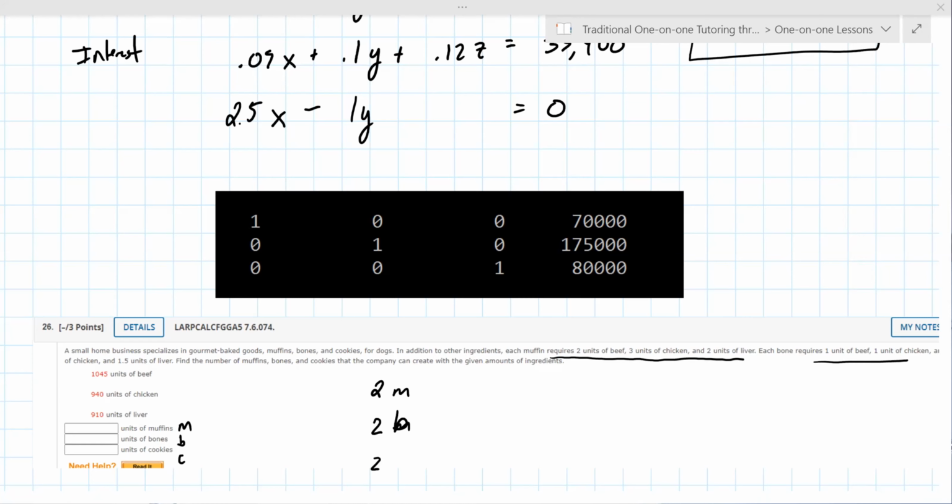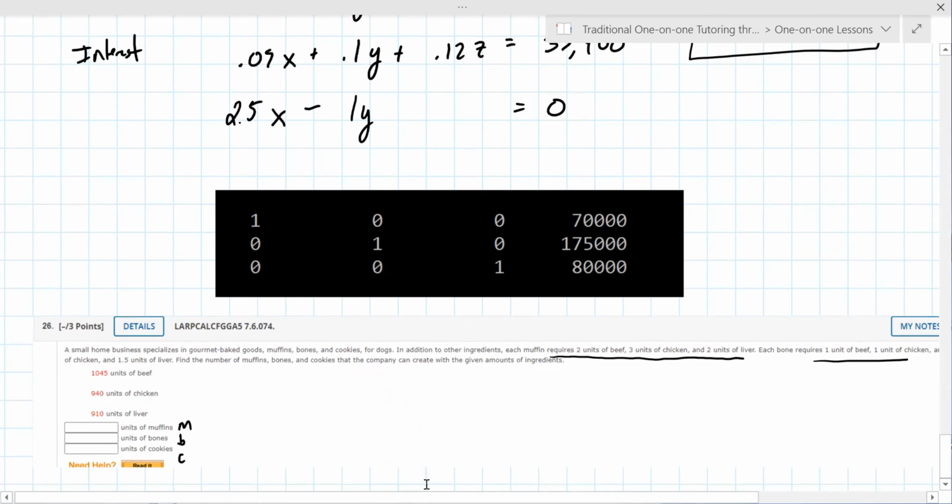Okay, so the way I wrote this, I don't like, but let me just write the systems I wrote so you can kind of follow it. So it's 2x plus 1y plus 2z equals 1045, and that comes from the first number in each one, the units of beef.